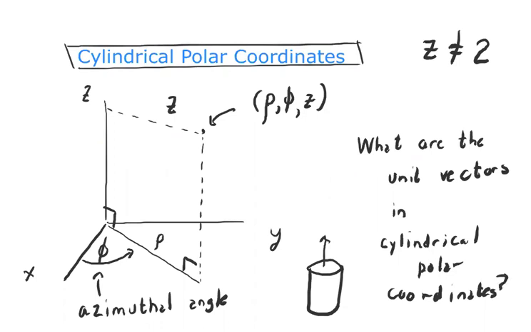So let's ask this question, let's answer it. What are the unit vectors in cylindrical polar coordinates? So what are we talking about? Well, there's a rho hat, there's a phi hat, and there's also a z hat.